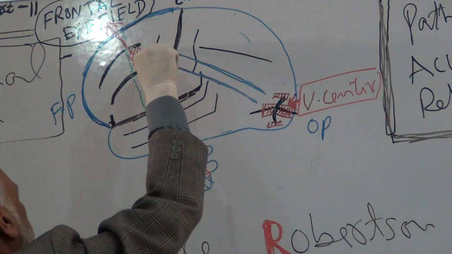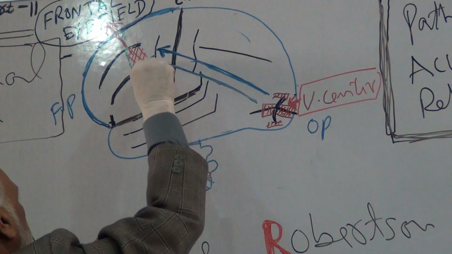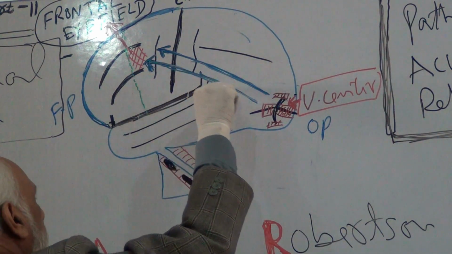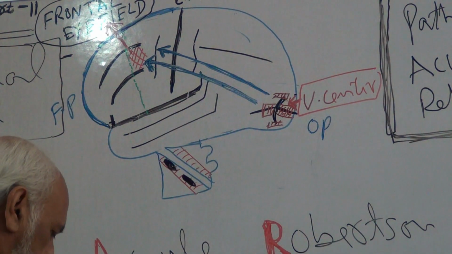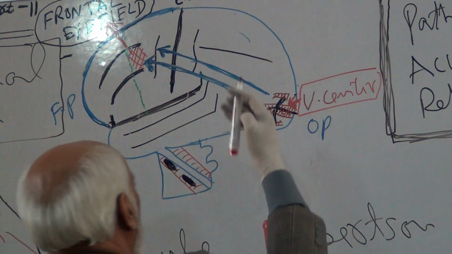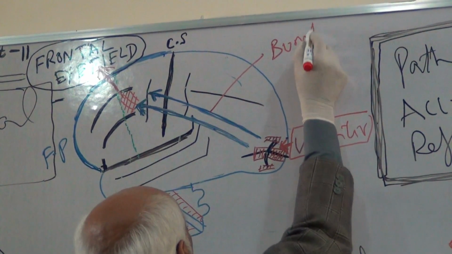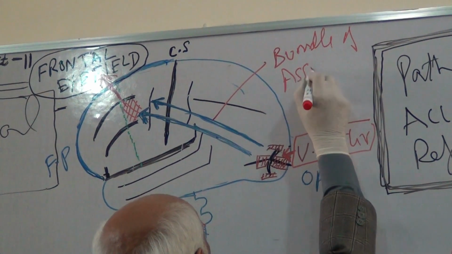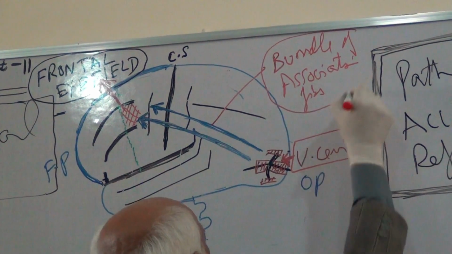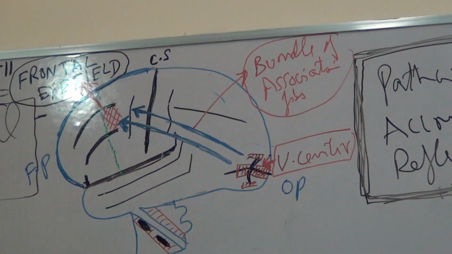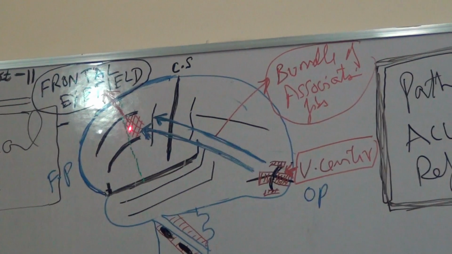A bundle of association fibers arising from the visual cortex runs forward through each cerebral hemisphere and enters the frontal eye field. In this way, the association bundle of fibers connects the visual center with the frontal eye field.